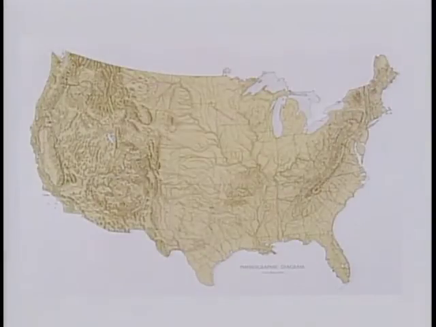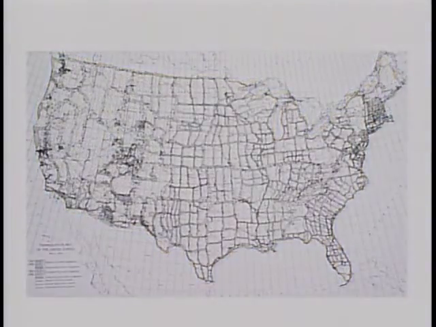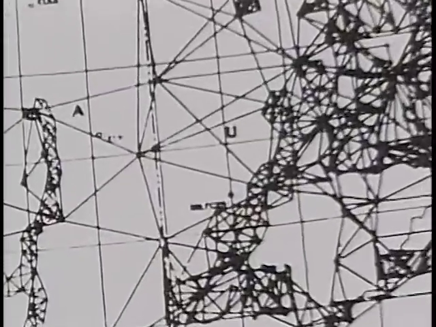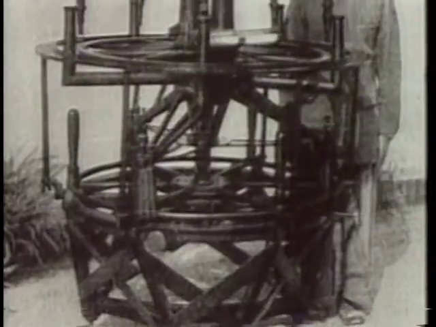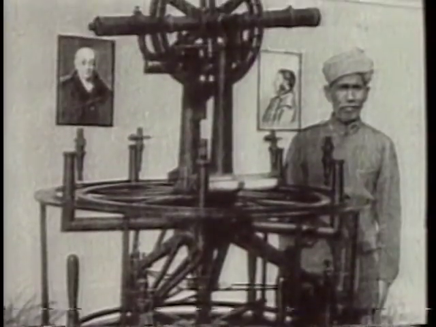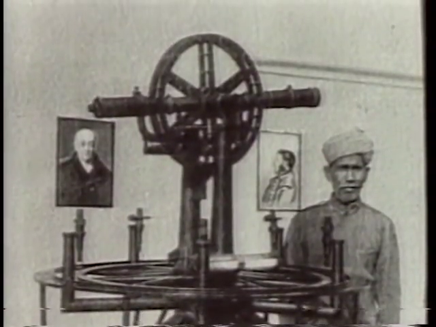To make a map like this, surveyors build a network of thousands of triangles, as shown here. They start with a carefully measured baseline, forming one side of a triangle. Angles to the opposite vertex are measured by a precision instrument, like this theodolite, which is part protractor and part telescope.